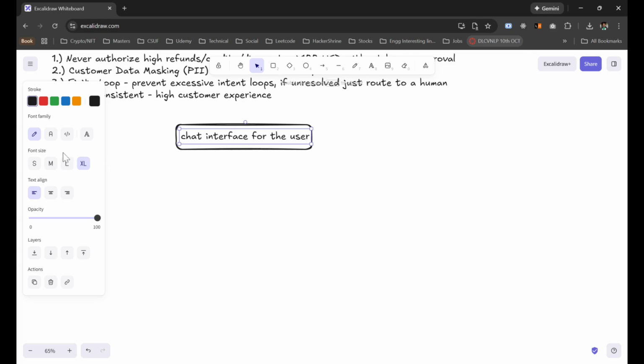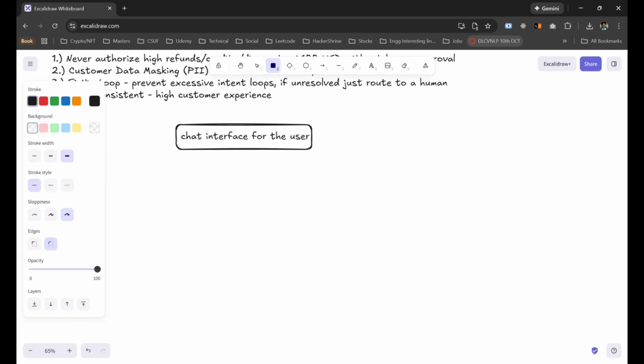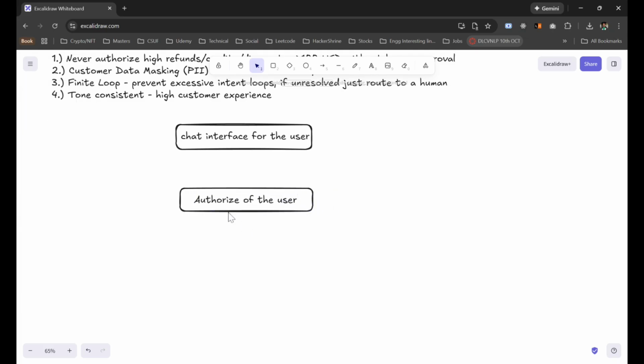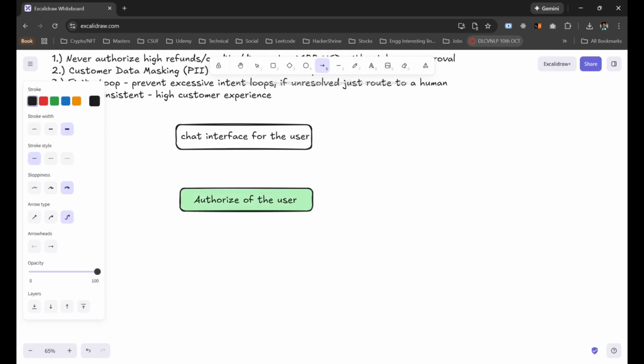For this particular aspect, we wouldn't be talking much about how we can authorize the user, but we can have a node over here which will do authorization. It would authorize the user so that we know that someone who has the service is talking to the AI agent.